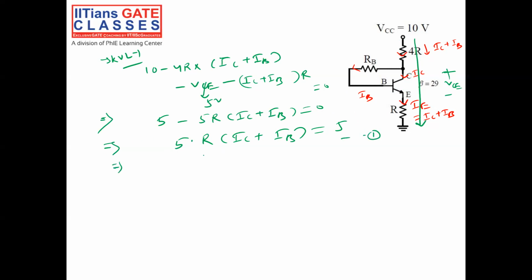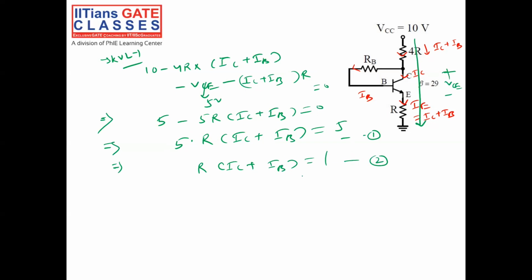With simplification, R into IC plus IB is equal to 5 divided by 5, which is 1. This is from loop 1, so I can say this is equation 2.